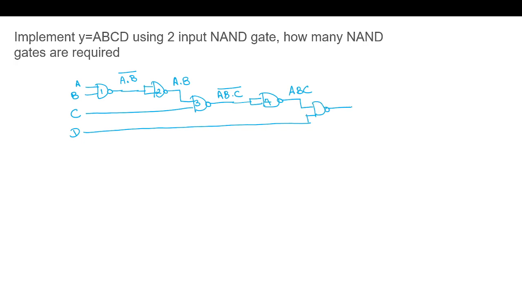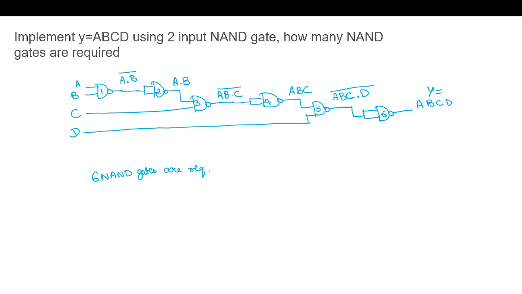Now this will give A, B, C, D whole complement, and apply through a NOT gate to get A, B, C, D. So total 6 NAND gates are required. This is one of the implementations, and this is the Y as A, B, C and D.